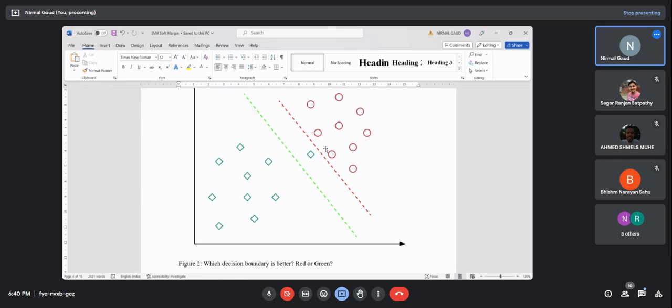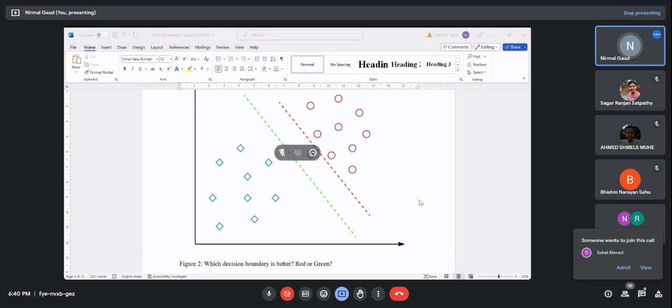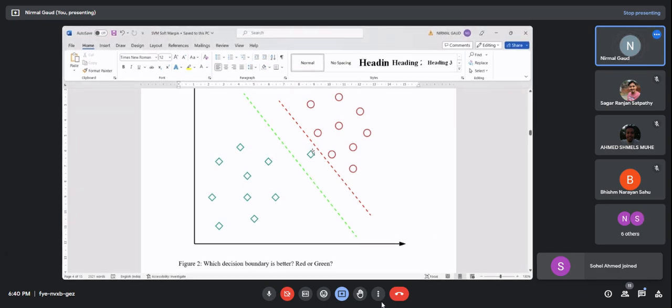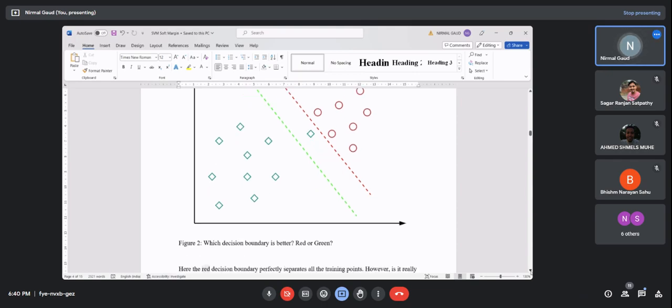Then if we select the green one, this particular margin is far away from the red points and the green points also. However, there is one issue, that a green point is being misclassified here. One point is misclassified.